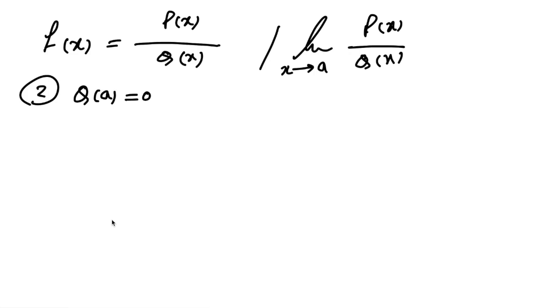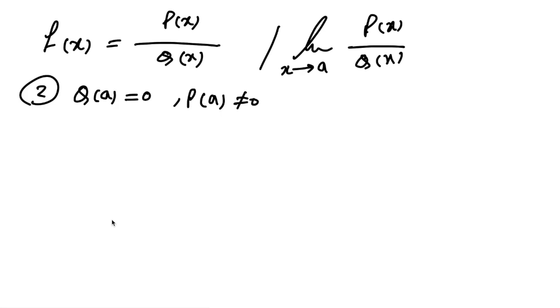So now the denominator, the value of q(x) at a, is 0. So now it depends on what happens to p. The second situation is when p(a) is non-zero. So when q(a) is 0 and when p(a) is non-zero.